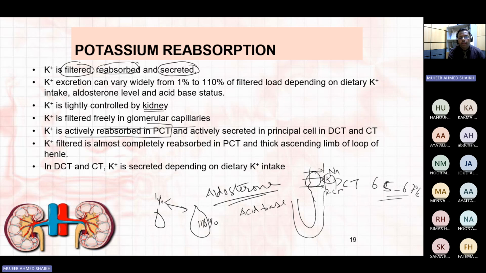This will also help in reabsorption of the potassium. Once it reaches the DCT and the collecting tubule, based on the acid base status and how much aldosterone is secreted, the potassium will be either less secreted or it will be lost into the urine. We will see it now.